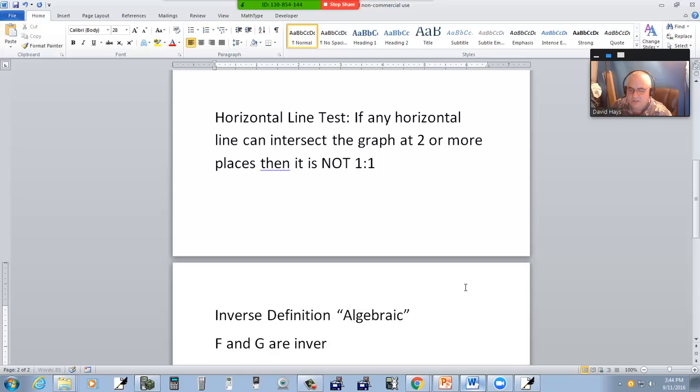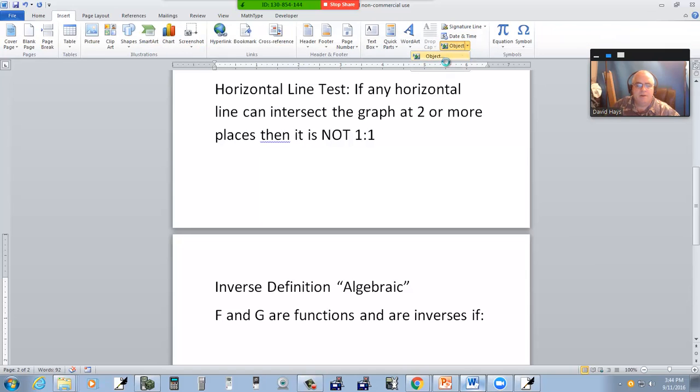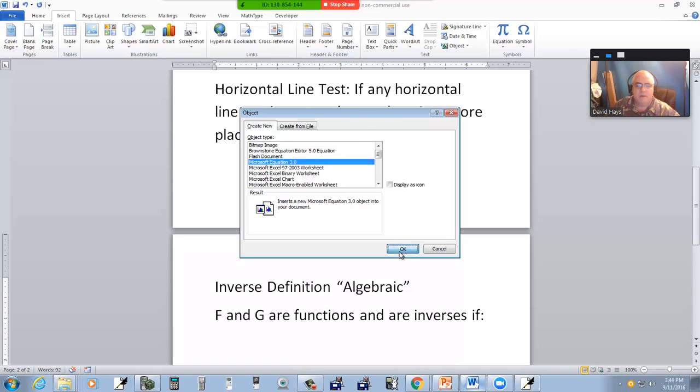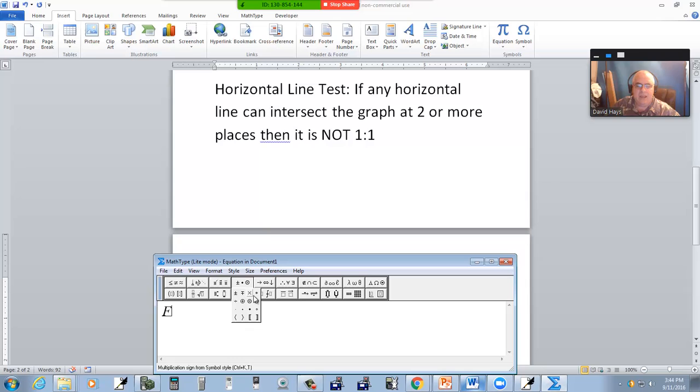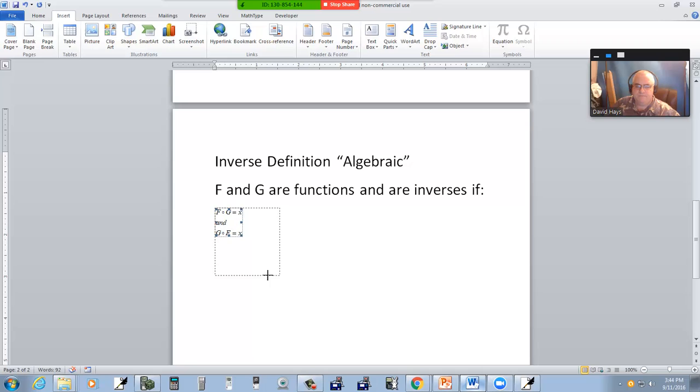F and G are functions, and are inverses if the following is true: if the composition of f and g is equal to x, and the composition of g and f is equal to x. This is what it means to be inverses algebraically.